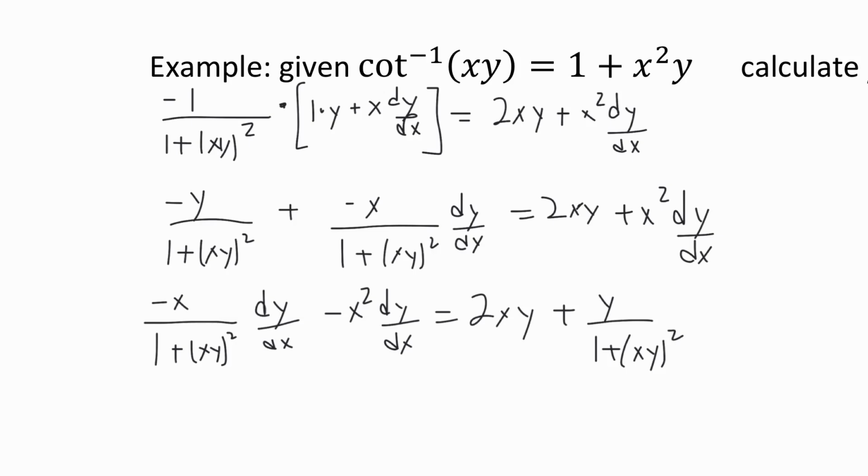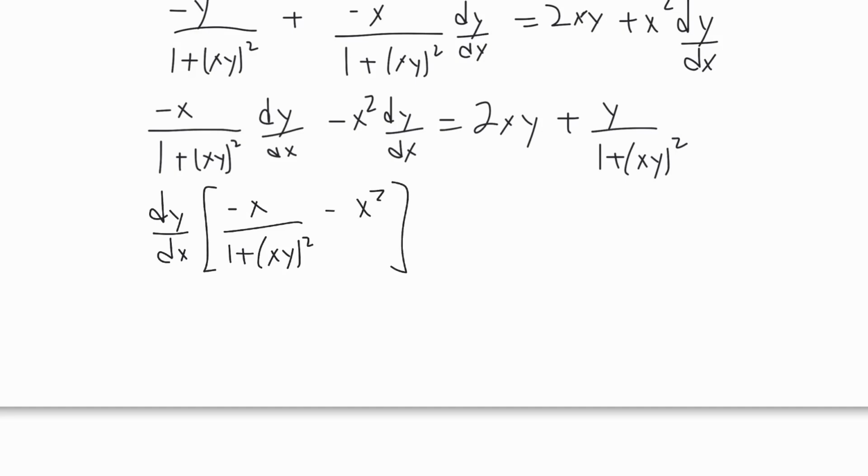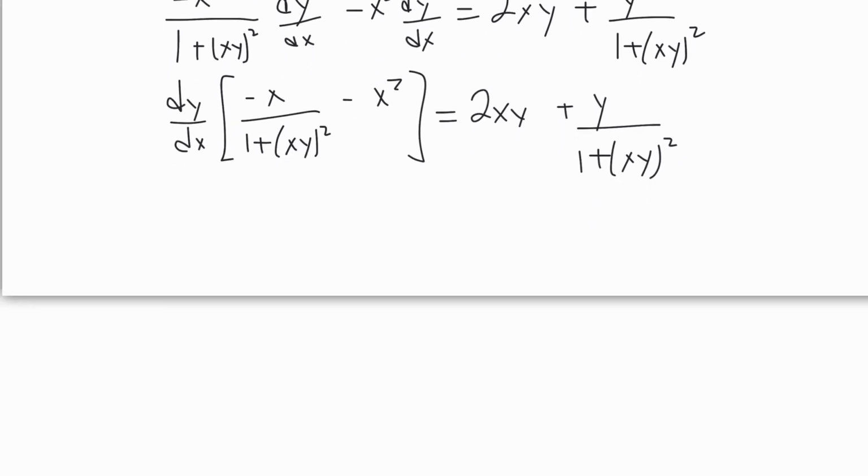Now we need to factor out the dy dx. So dy dx times negative x over 1 plus xy squared minus x squared is equal to 2xy plus y over 1 plus xy squared. And finally, we need to write down our dy dx.